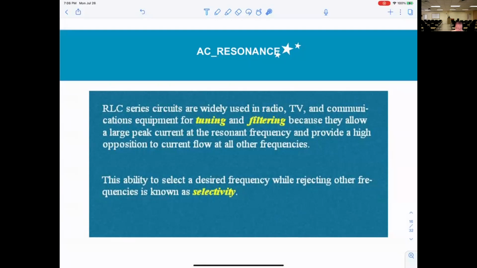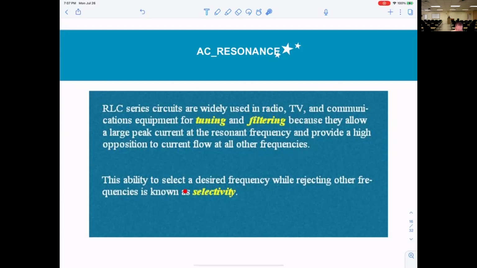They will be used in the radio, TV, and communication equipment for tuning and filtering because they allow a large peak current at the resonant frequency and provide a high opposition to the current flow at all other frequencies.